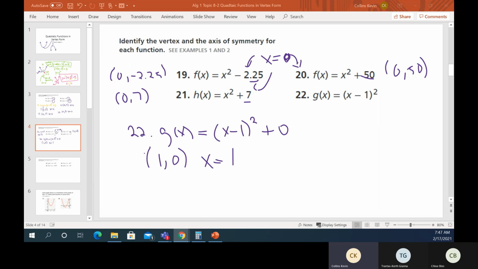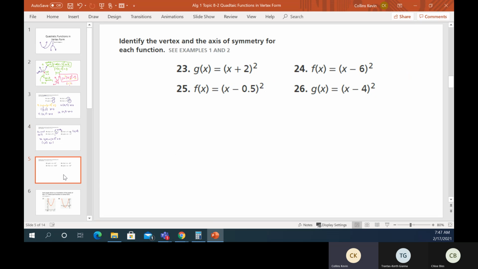All right, so we're moving along here. So these guys are going to be more of the same, right? So what's our axis of symmetry for this guy, number 23?